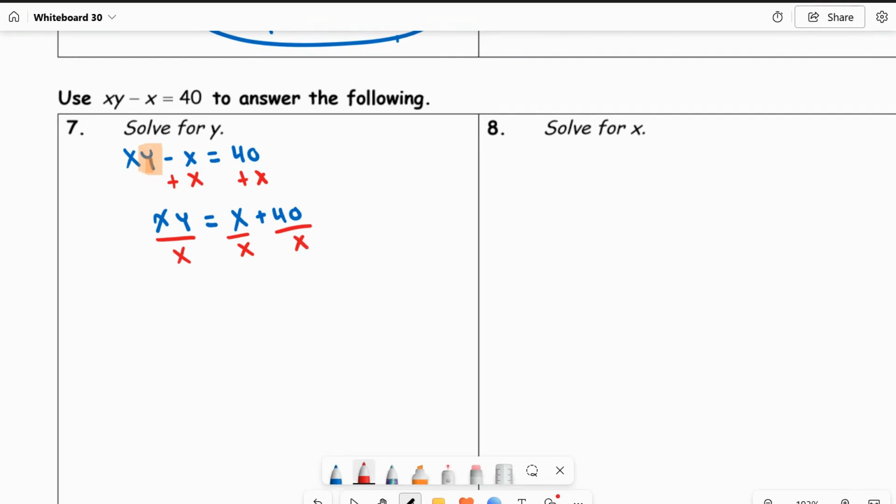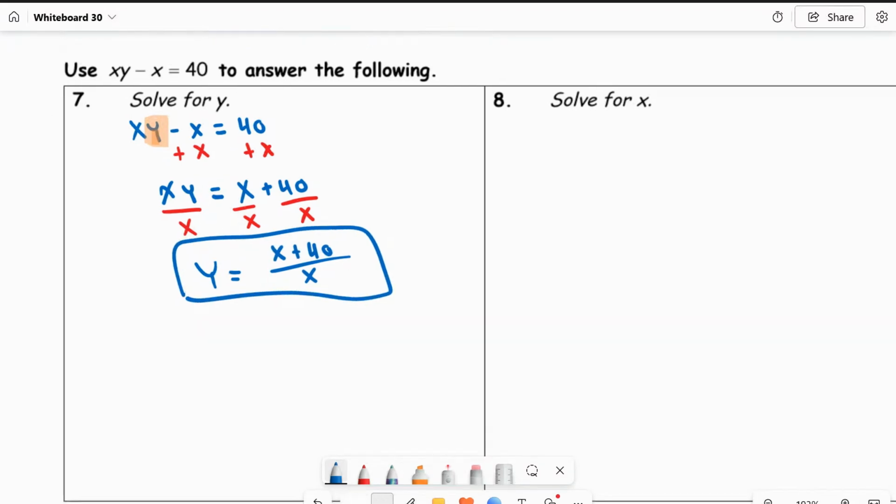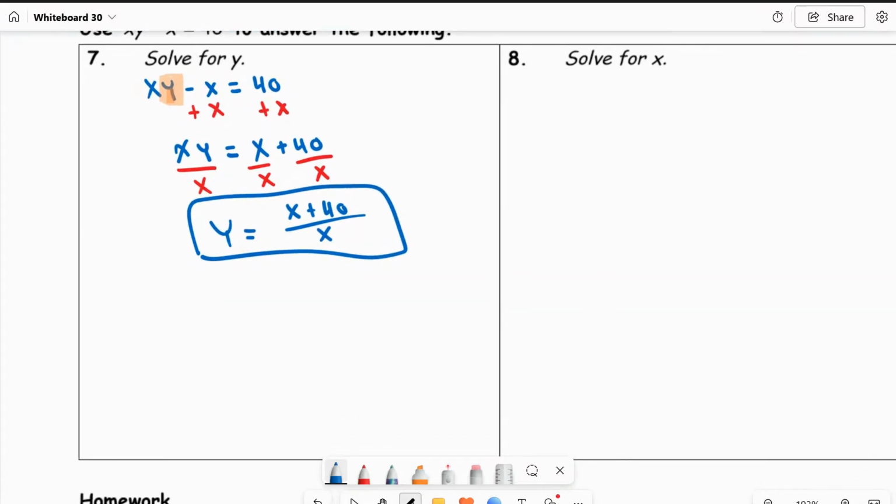We can divide that by each of our terms. And at this point, we really do have two different acceptable answers. You could just write your final answer as y equals x plus 40 over x. I would accept that answer, but a more simplified answer would be to divide both of these separately.